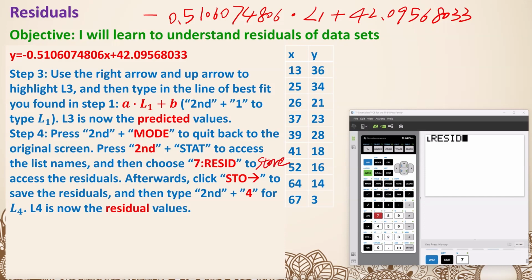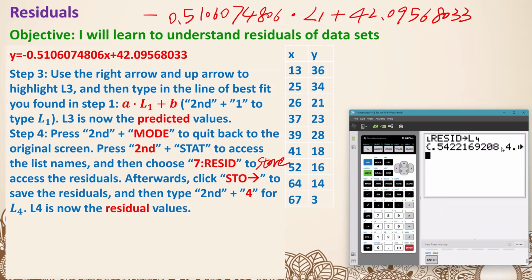It's telling the calculator, hey, save these values, store these values. The button is right here above the on, so store, and we're going to save everything into L4, so second 4. See, L4. And then we're going to press enter.